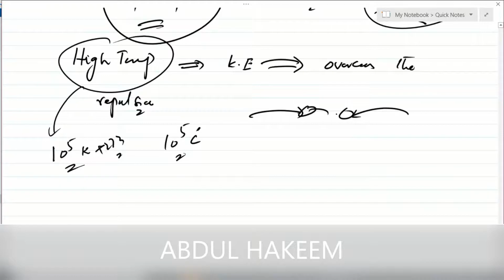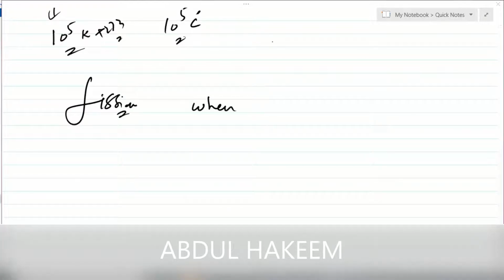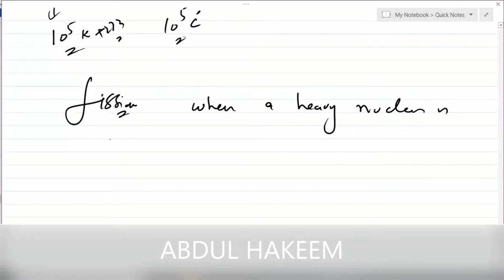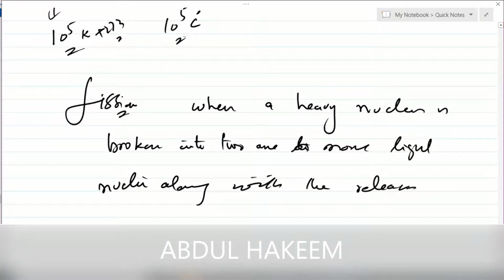Now come to the fission. Fission process is simple. When a heavy nucleus is broken into two or more light nuclei along with the release of the energy, then the process is called fission.